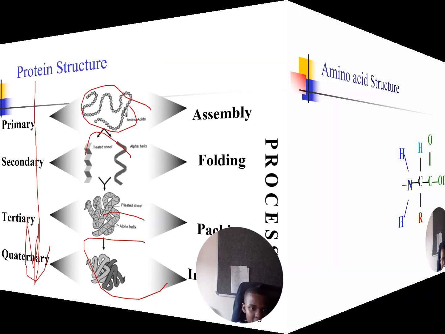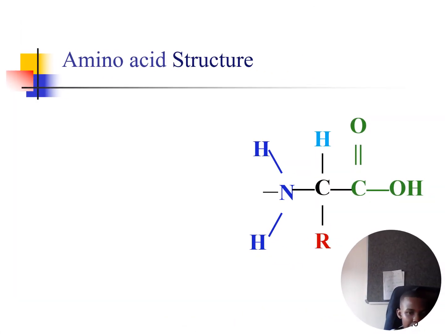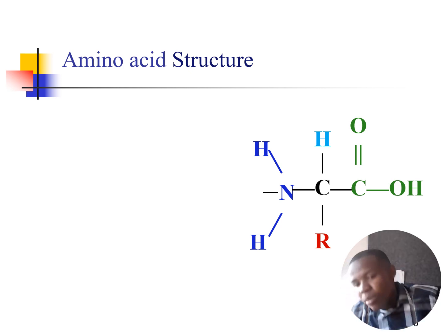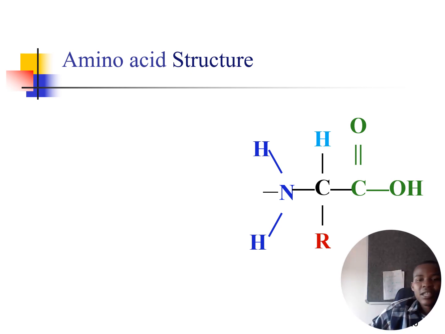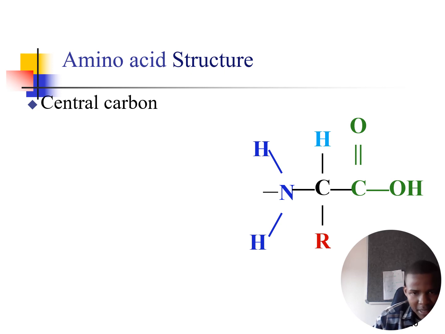Let's study the structure of an amino acid. This is where the topic gets interesting. In an amino acid, we have a central carbon. After the central carbon, the amino acid is going to have an amino group.